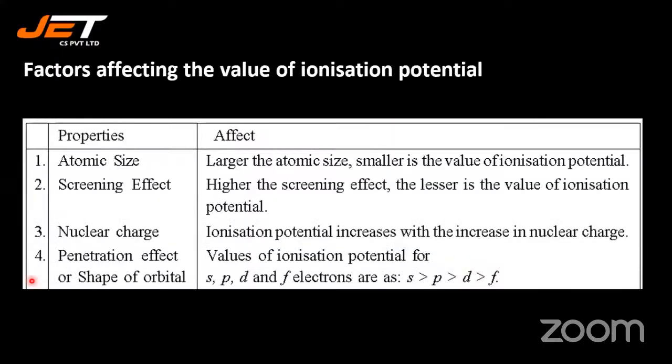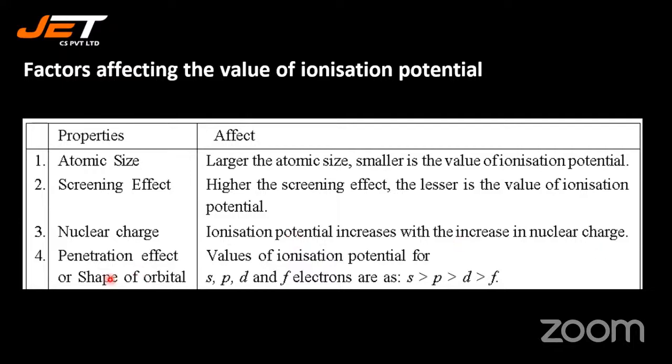Whatever you have read so far: larger atomic size, smaller the value of the ionization potential. Higher screening effect, less is the value of ionization potential. Ionization potential increases with the increase in nuclear charge.